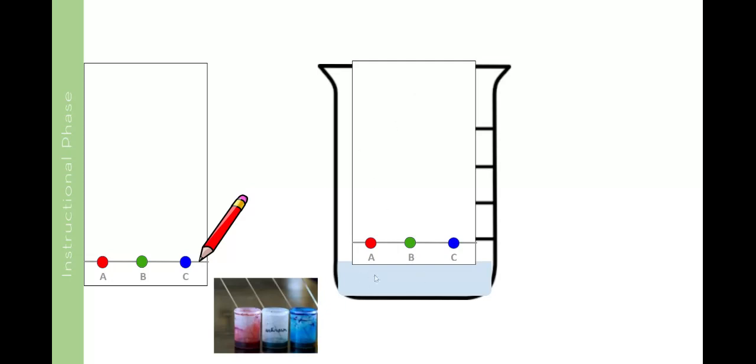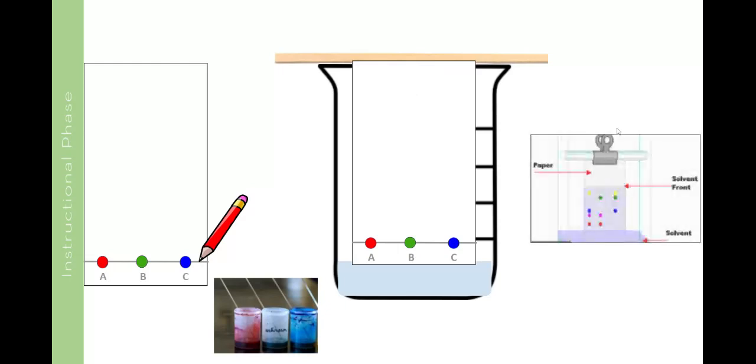The mobile phase is the solvent because it travels through the paper, dissolves the samples, and carries them up the paper with it. Now, in school, we would use a splint with a paper clip to support the paper in the beaker, and you should get a result of something that looks like this, and we call the final result the chromatogram.